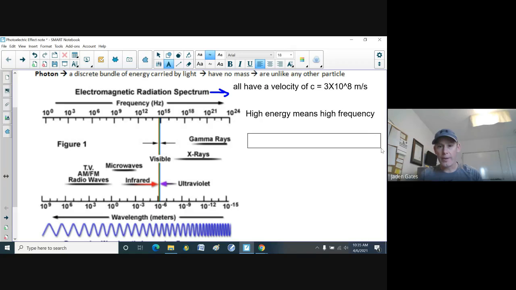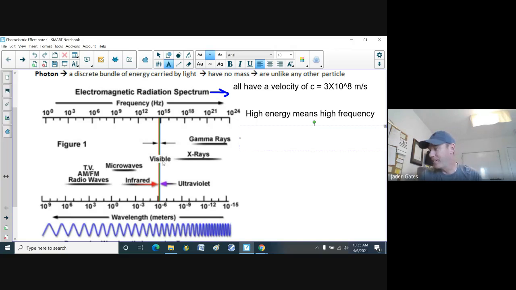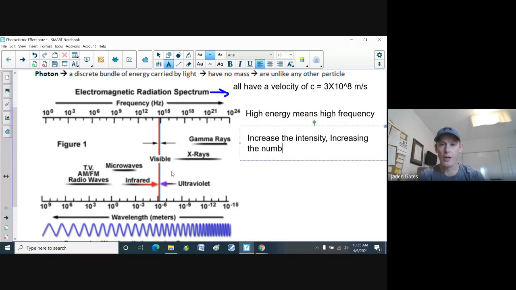Now, I'm going to refer to light a lot because I know most of you have experience with light, I hope. You see the light of day. Here are some notes about electromagnetic radiation: if you increase the intensity, then what you're doing is increasing the number of photons.